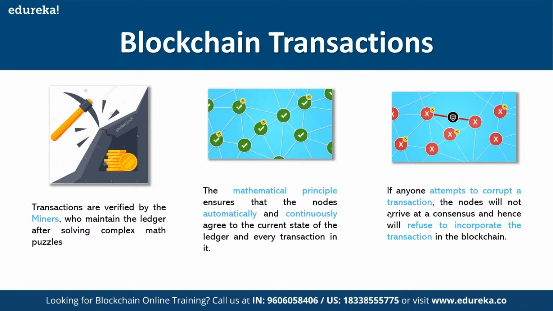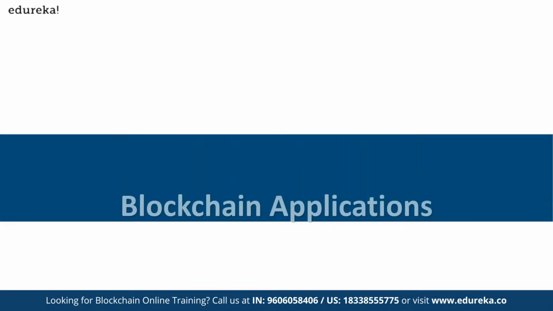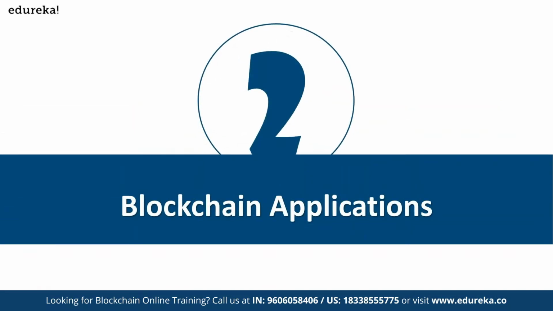If anyone attempts to corrupt a transaction, the nodes will not arrive at a consensus, and hence will refuse to incorporate such transactions in the blockchain. These are some of the key features of blockchain transactions, which prevent tampering or corrupting the data. Okay, now let's have a look at the applications of blockchain.